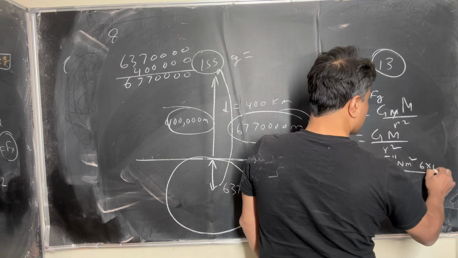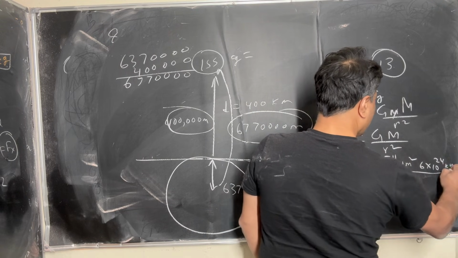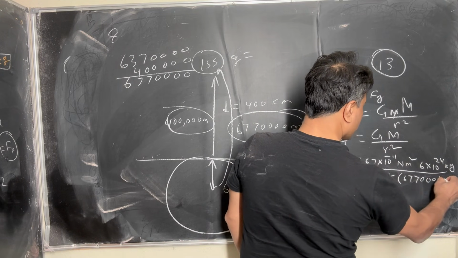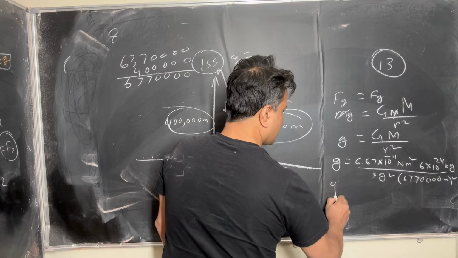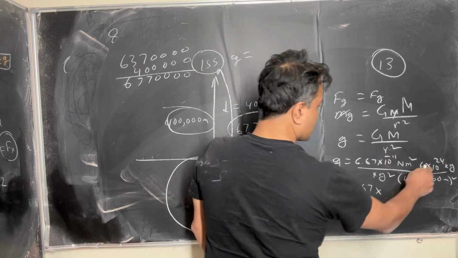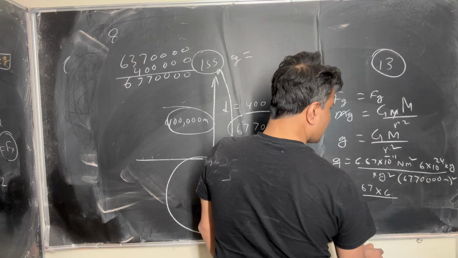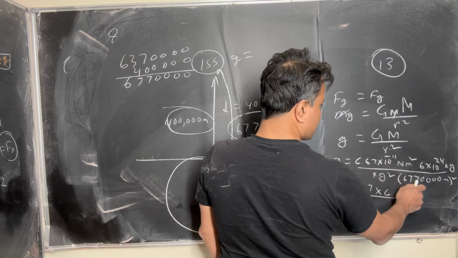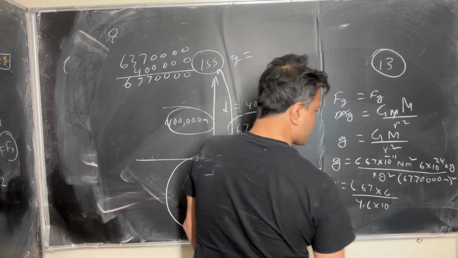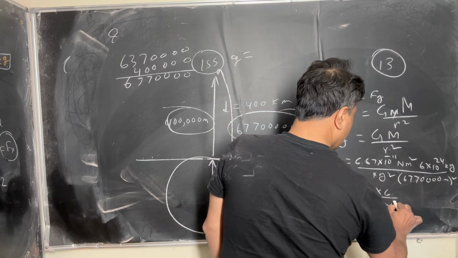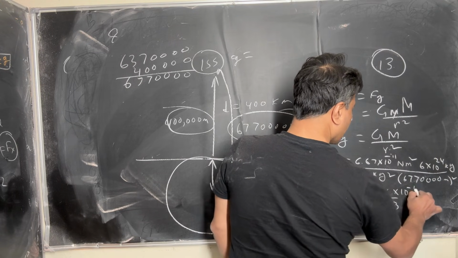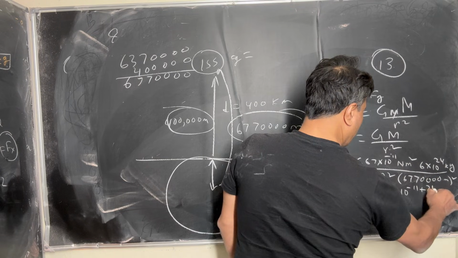Mass is 6 times 10 raised to 24 kilograms, and this is 677,000 meter square. That is 6.67 times 6 divided by 6.77 square, which is 4.6 times 10 raised to 13, and this is times 10 raised to negative 11, positive 24.